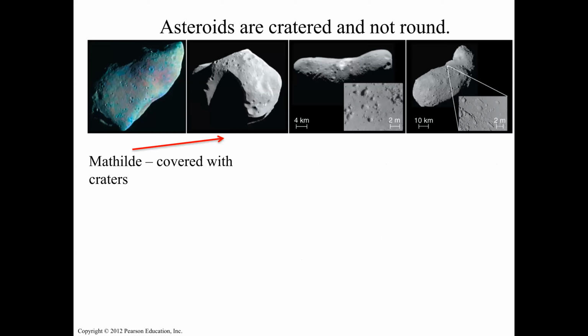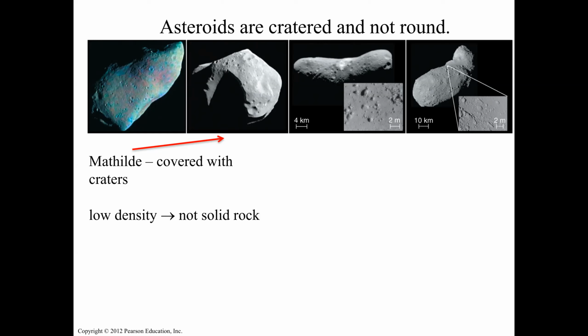Now, when you're looking at some of these asteroids, for example, this one, Matilda, it is covered with craters. So these impact areas show that this has collided, that some objects have collided with this asteroid. Now, they have low density, so that means that they're not one solid piece of rock, okay?